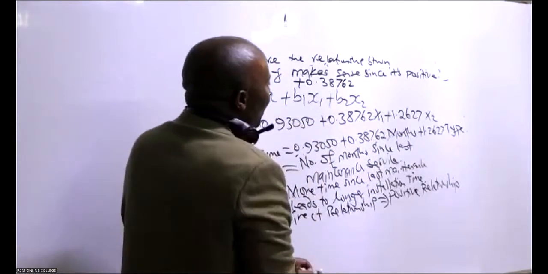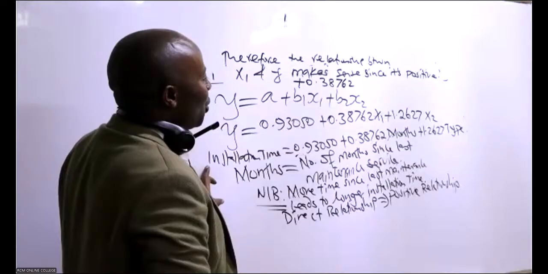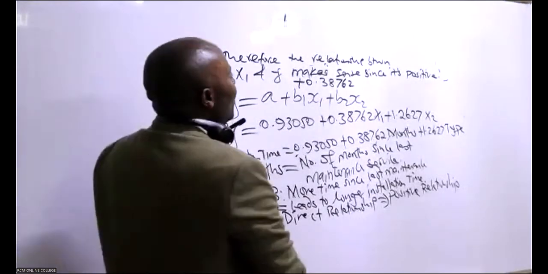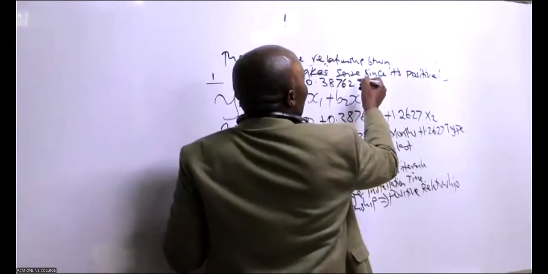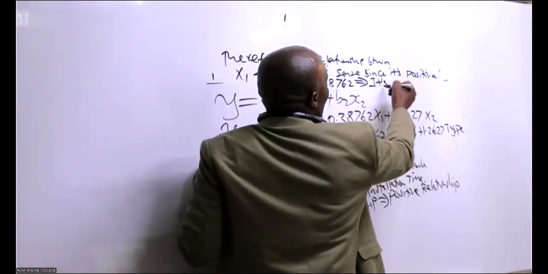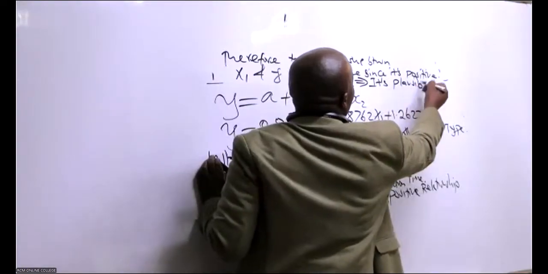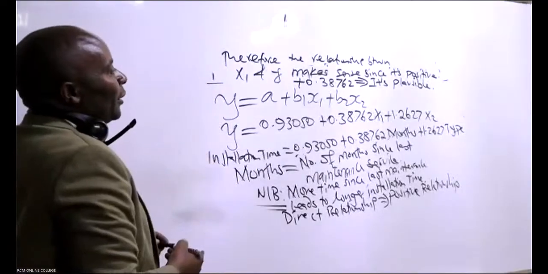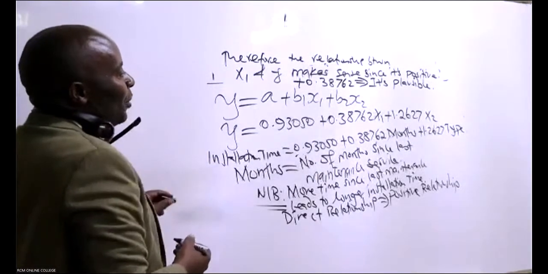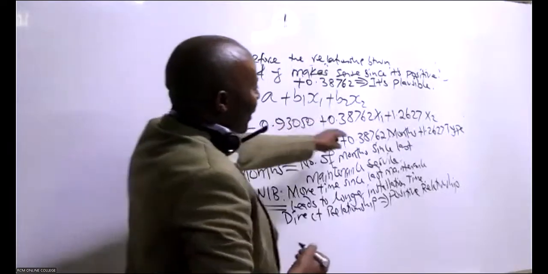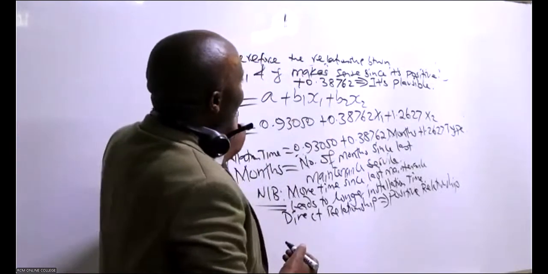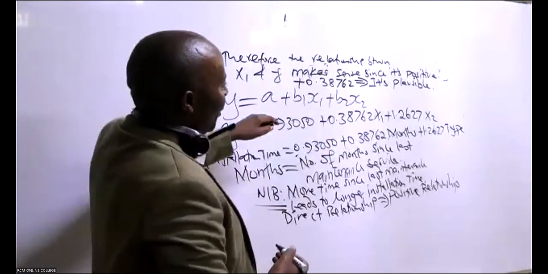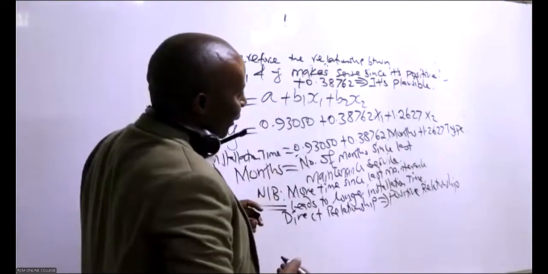The relationship between months and the installation time makes sense. And if it makes sense, we say straight away it is plausible. The relationship between x1, which is months, remember, and y makes sense since it's positive, so it's plausible like that.